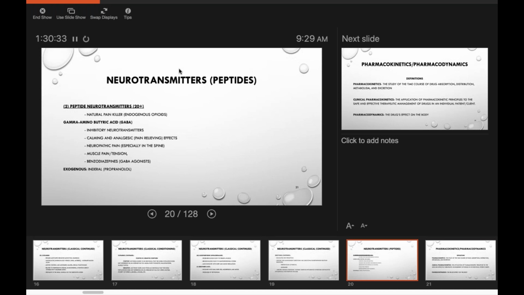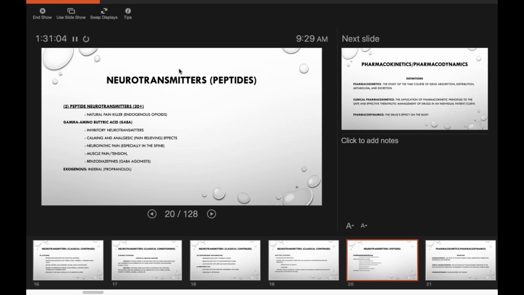But an agonist is going to tell a neurotransmitter, you aren't potent enough, so I need you to be more potent. So with pain, if we take a GABA agonist like a benzo, we're going to tell GABA, I need you to be more potent so I don't feel pain.